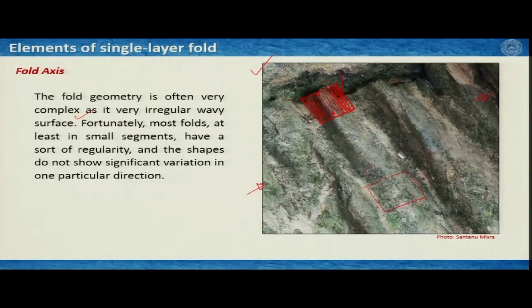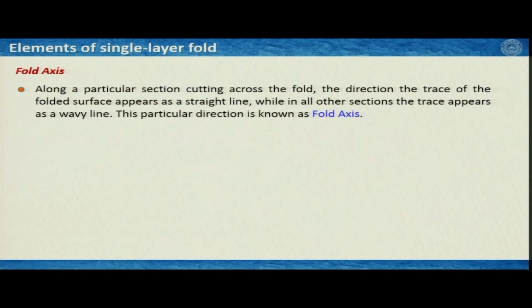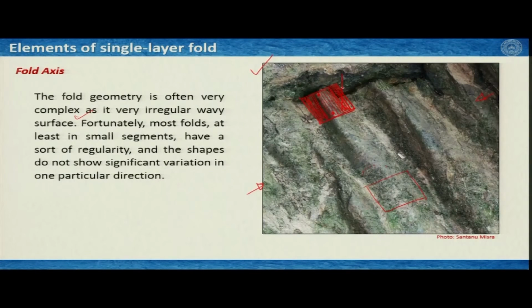Now, in this case, the directions of all these lines are parallel to each other. So, we can define the fold axis in this manner, and we will learn it later, but before that we see how we can conceive the fold axis in a different way.